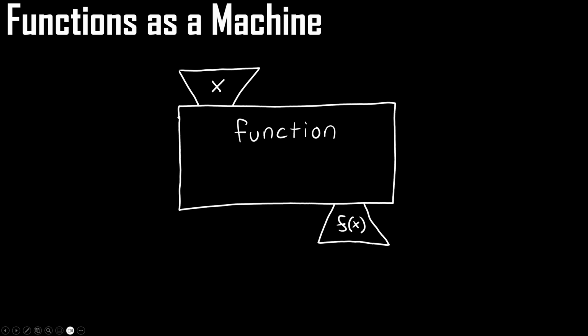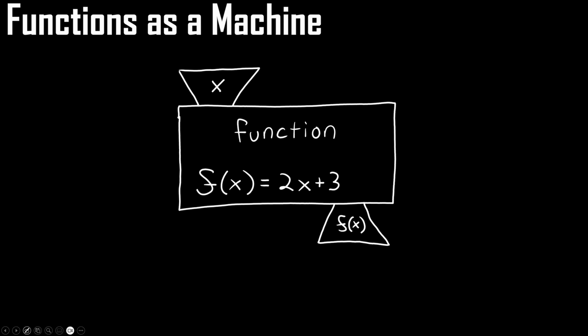You give it any input, which in our case is x, the machine applies a rule, and out comes the output f of x. So let's put a rule in here as an example. So we'll have f of x equals 2x plus 3.